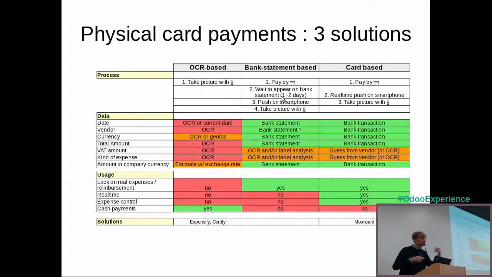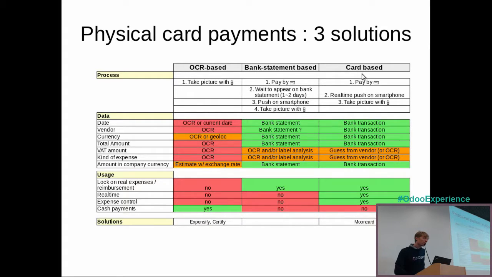So after 1 or 2 days, when it appears on your bank statement, they push it to your smartphone, and then with your smartphone, you take a picture of the receipt, and maybe you have to tell the kind of expense, etc. So they have more reliable information because the total amount and the amount in company currency are reliable on the bank statement. But only the VAT amount and the kind of expense need to be manually set or recognized via OCR.